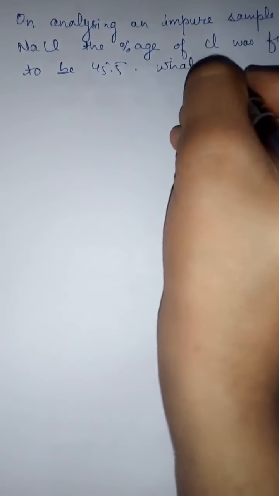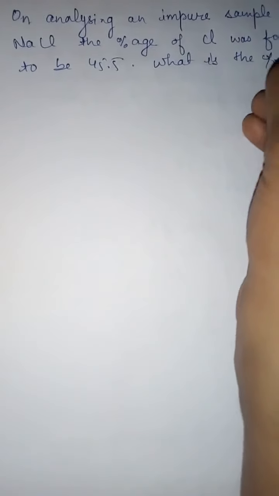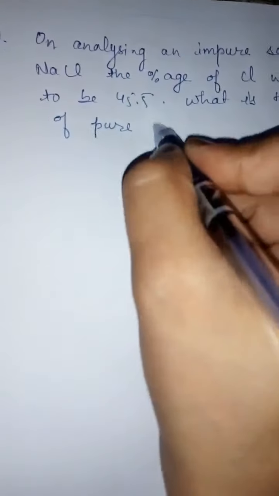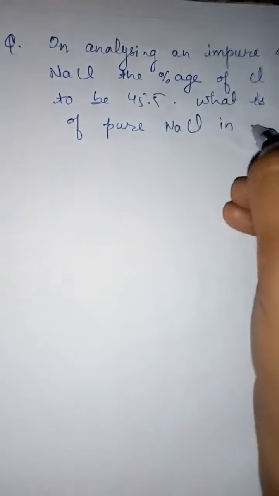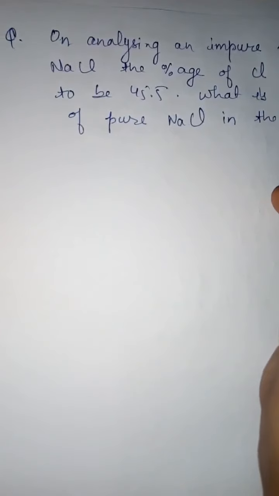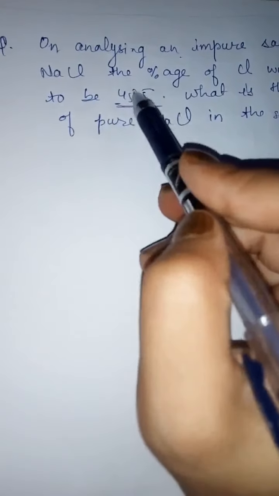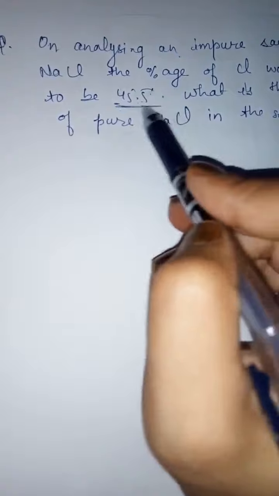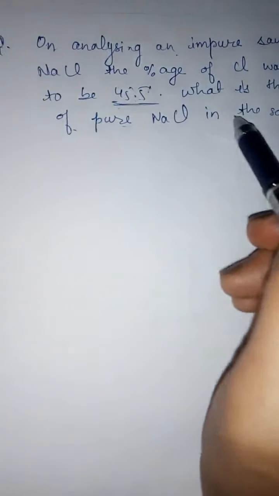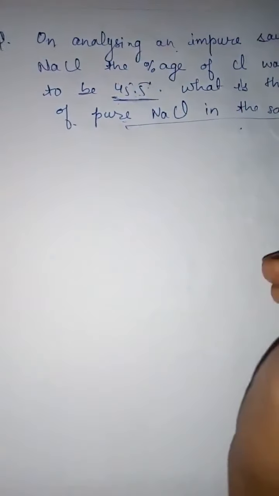What is the percentage of pure NaCl in the sample? On analyzing an impure sample of NaCl, the percentage of chlorine was found to be 45.5. What is the percentage of pure NaCl? You have to calculate the percentage of pure NaCl in the sample.